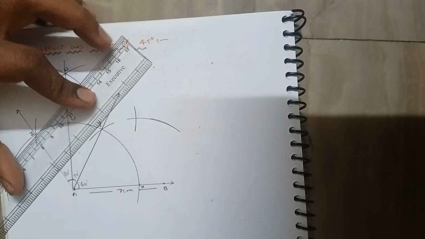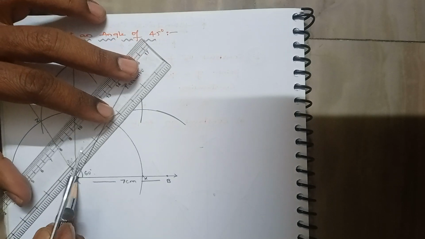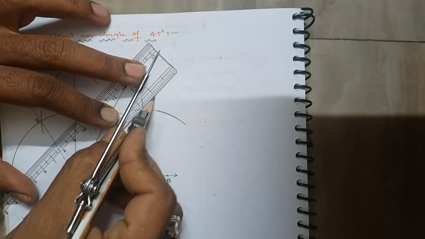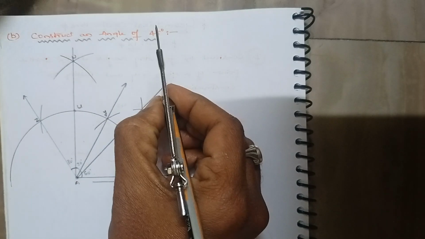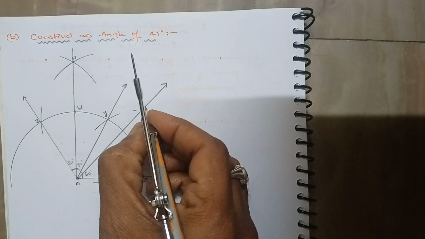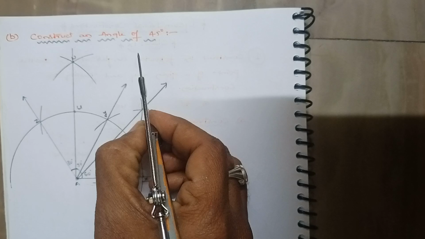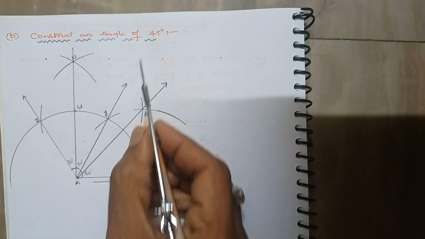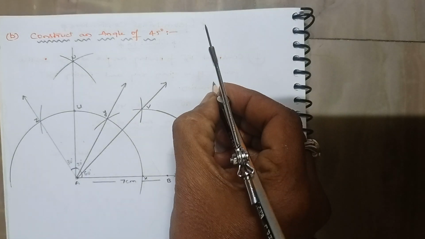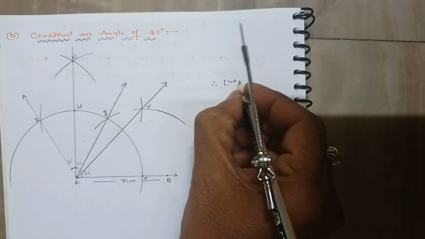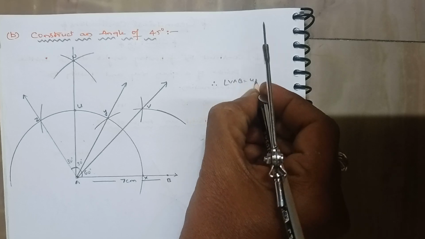Now join these two. This point is V. Therefore, angle VAB is 45 degrees.